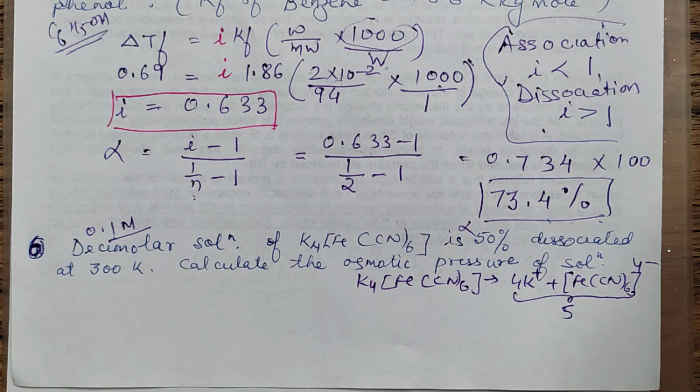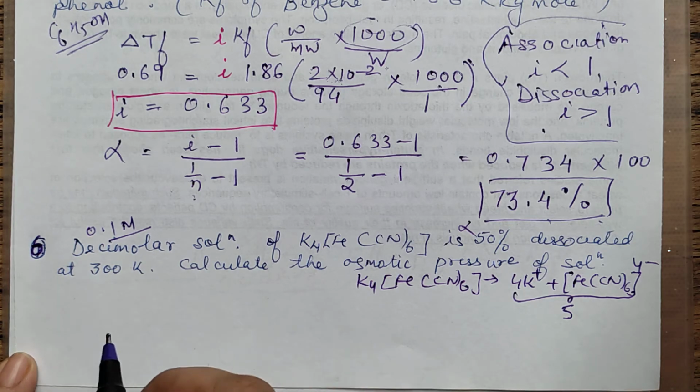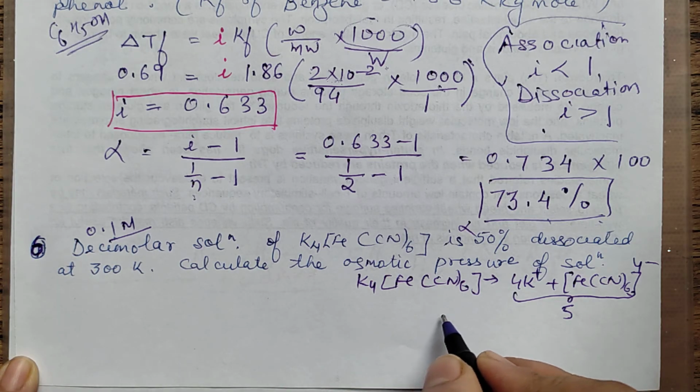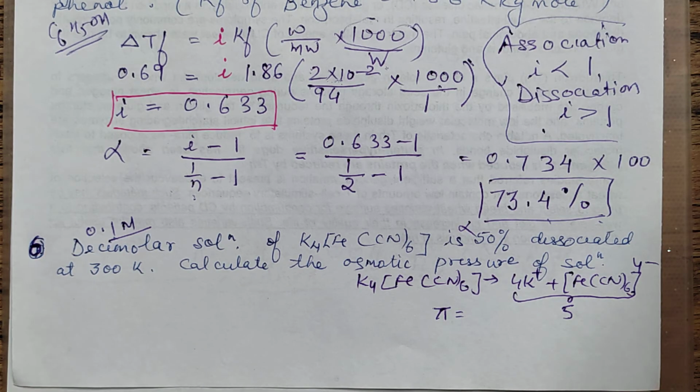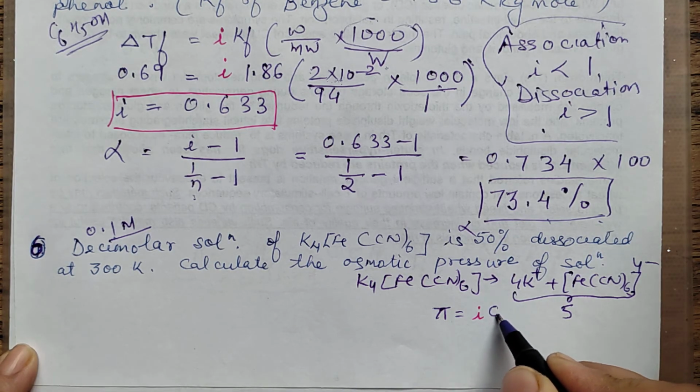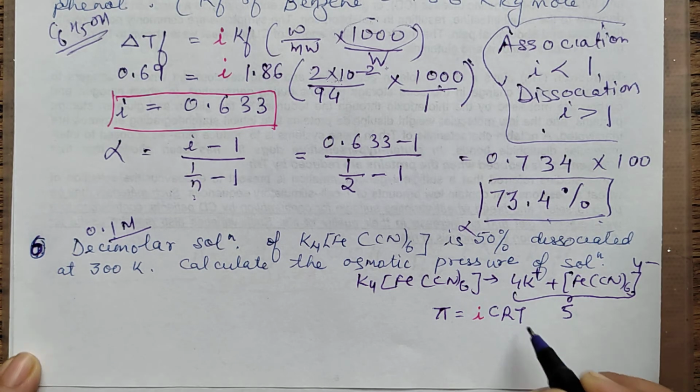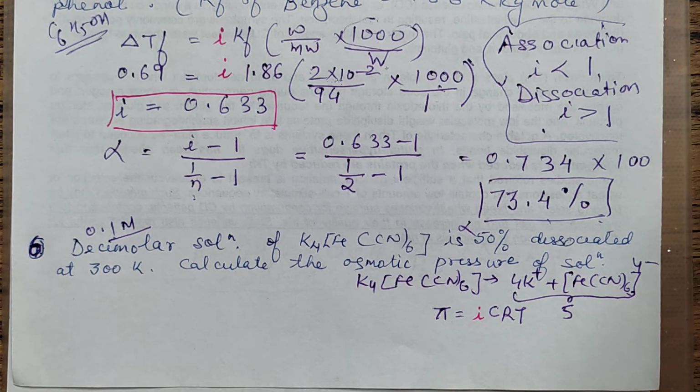Now this is dissociation, that is for sure. One formula we have to use is pi. Pi is equal to iCRT, right? i and C, the concentration, is given, the R value we will use, and T is the temperature.